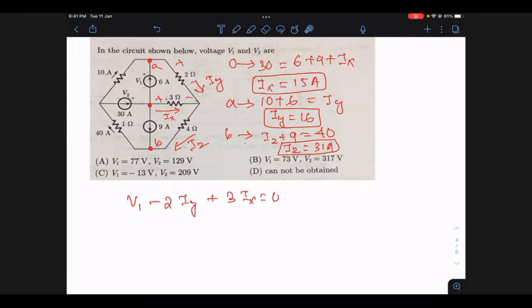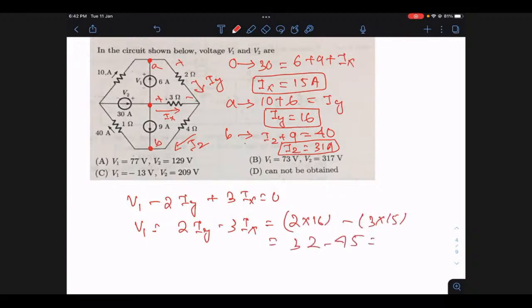So V1 is 2IY minus 3IX, which is 2 into 16 minus 3 into 15. That is 32 minus 45, which is minus 13 volts. So V1 is equal to minus 13 volts.